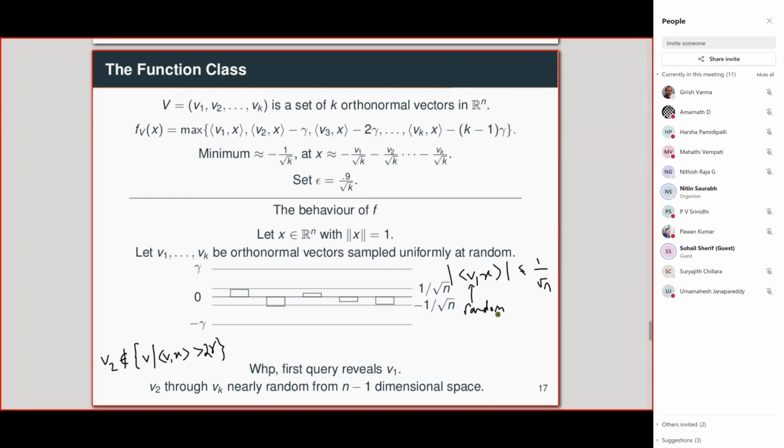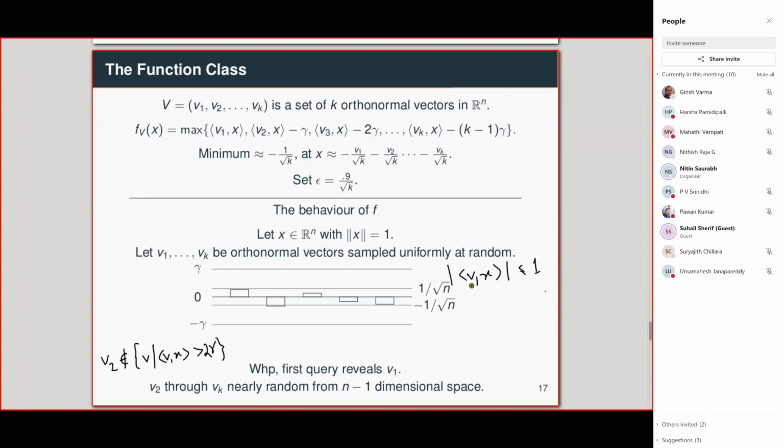And you would guess that if V is also nearly uniformly at random, you get some similar statement, maybe with 0.9. If it's not nearly uniform, it's possible that you can find an X for which this value is actually large. Like if you know V, if V is not random at all, then you can actually make this as large as 1.